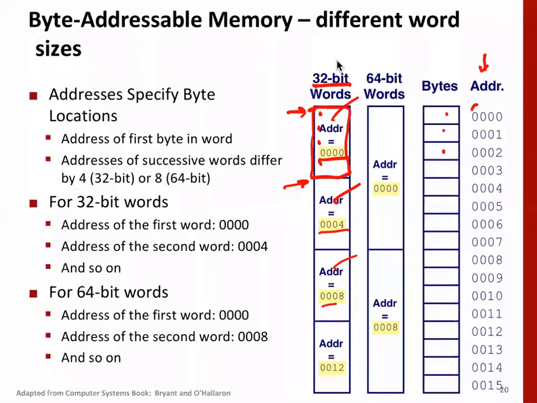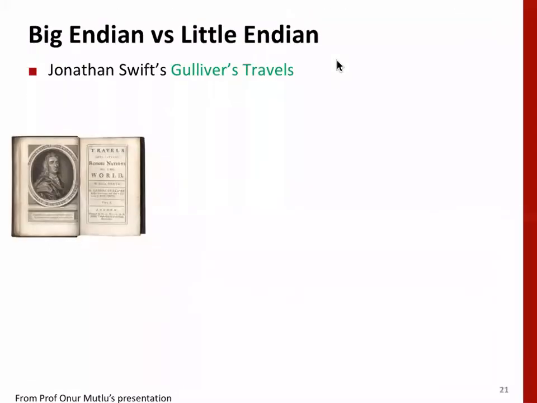Now think of it this way: although memory is byte addressable, we want to read words, because the processor is manipulating words. If the word size is 64 bits, then the address of the first word will be 0000, but the address of the second word will be after 64 bits, so it will be 0008, and so on. All right, so that's the concept. Is it clear? Is it fine? Yes, sir.